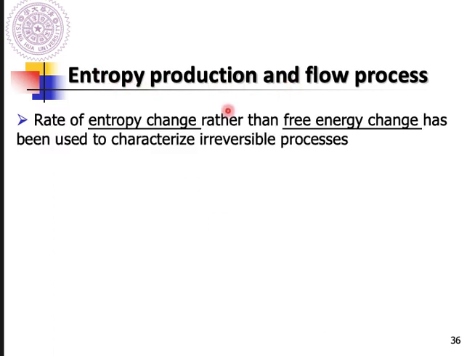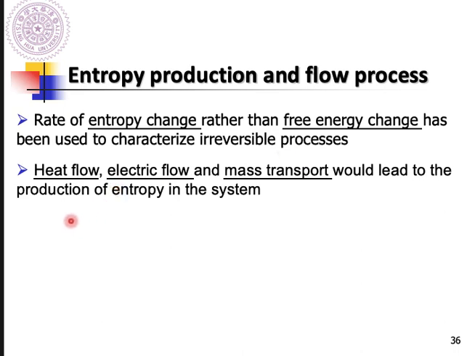Now I give you a short summary related to entropy production and the flow process. The rate of entropy change, instead of free energy change, has been used to characterize the irreversible flow process. We have shown that heat flow, electrical flow, and mass transport can lead to the production of entropy in the system.